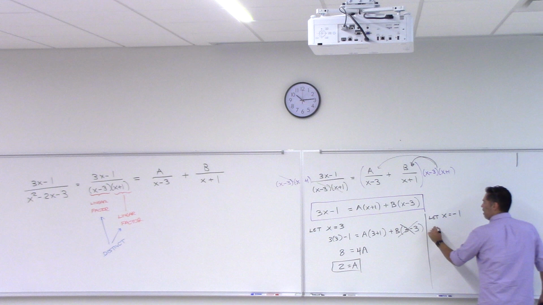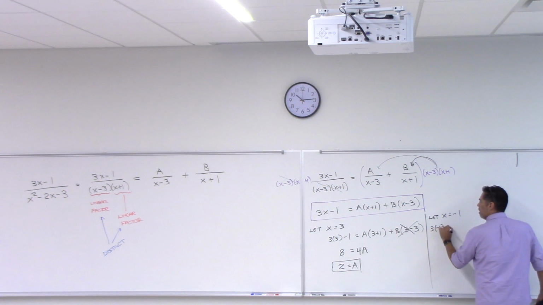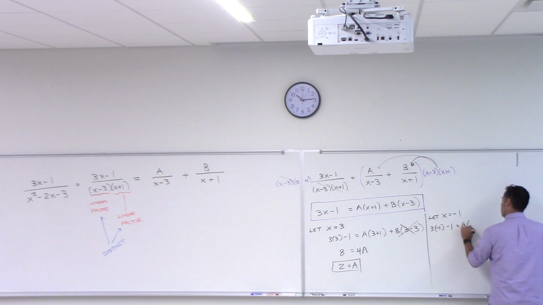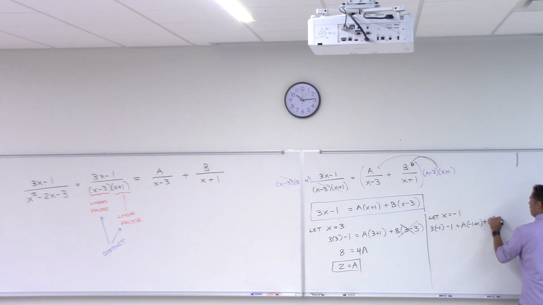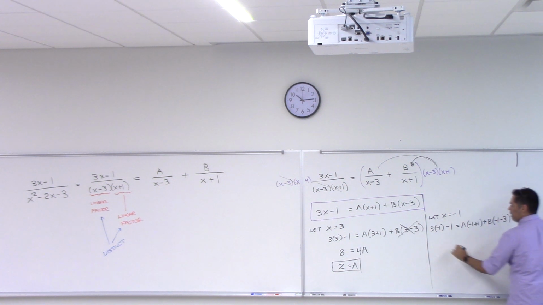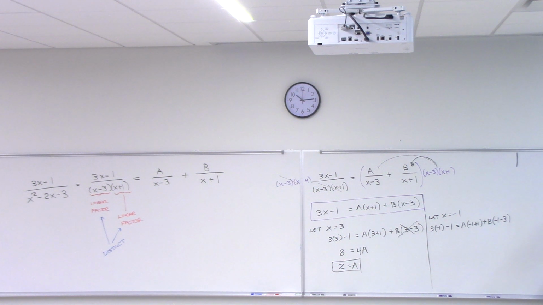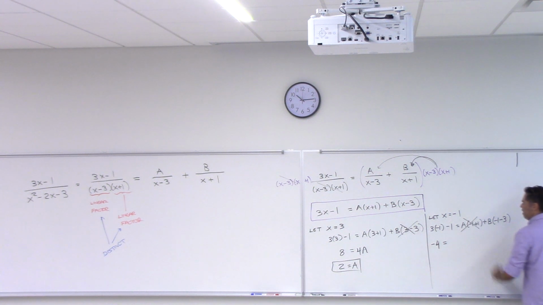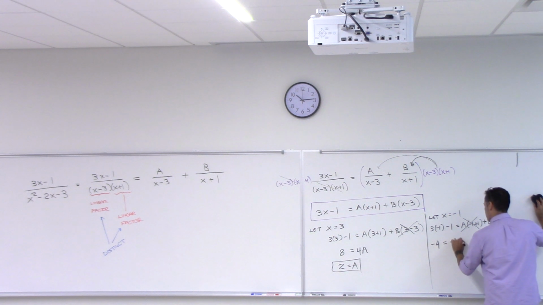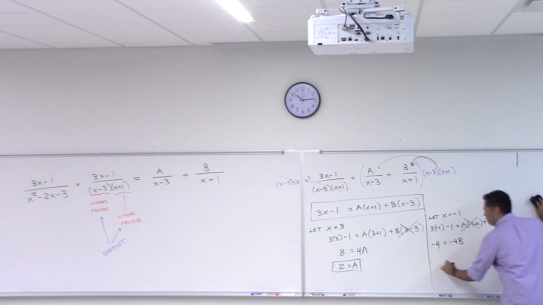If x is negative 1, we get 3 times negative 1 minus 1 equals a times negative 1 plus 1 plus b times negative 1 minus 3. I think I'm off camera. All right, what is the left side? I think we get negative 4, right? Negative 4 equals, this goes away, and then we get negative 4b. And divide both sides by negative 4, and you get b is 1.